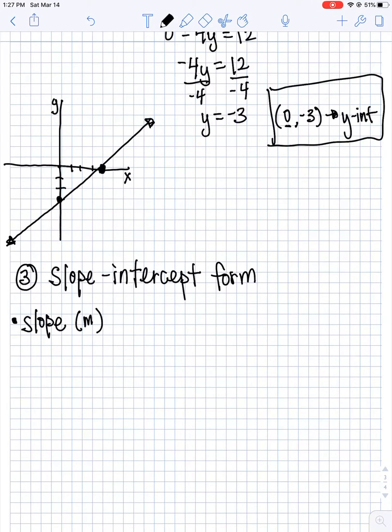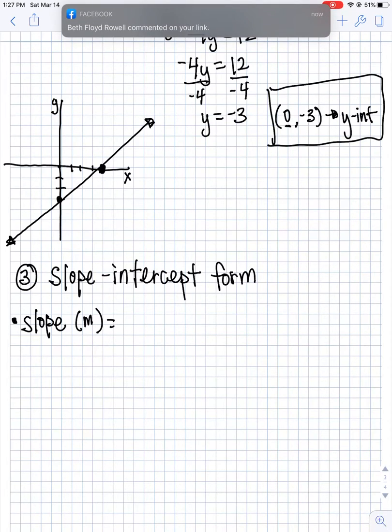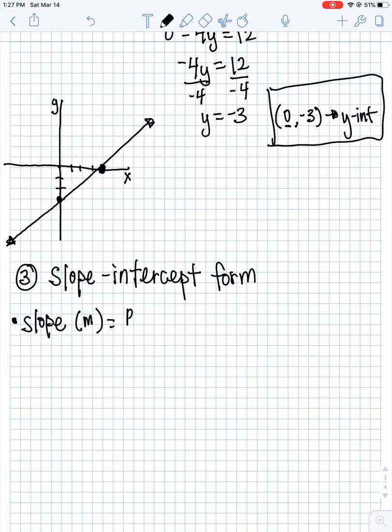Mathematicians like to call slope lowercase m. And I know you've heard before that it is rise over run. So that's one way to talk about slope, rise over run. Another way to talk about slope is y2 minus y1 over x2 minus x1.